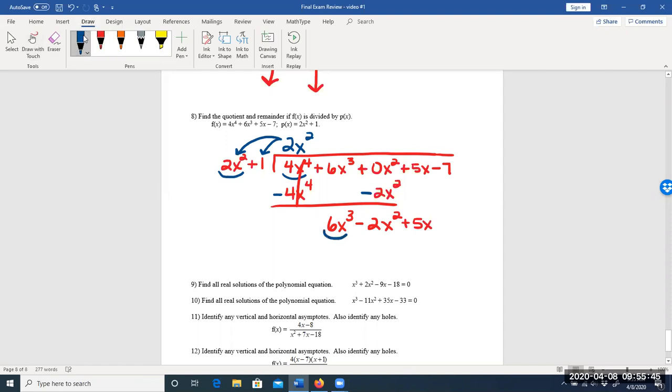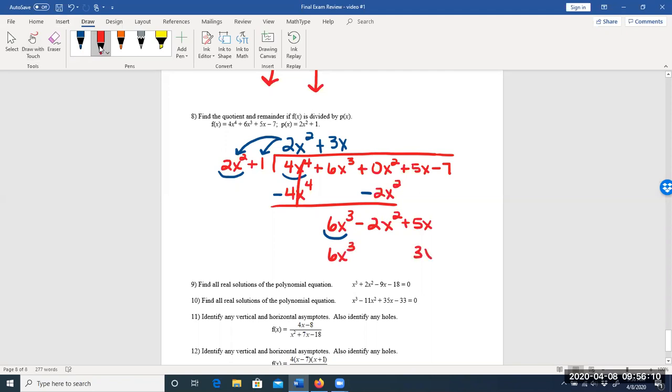We're going to ask ourselves, what can I multiply 2x squared by to get 6x to the third? And so that would be a 3x. 2x squared times 3x is 6x to the third. Now I'm going to take the 3x, multiply it times each of the terms of the divisor.